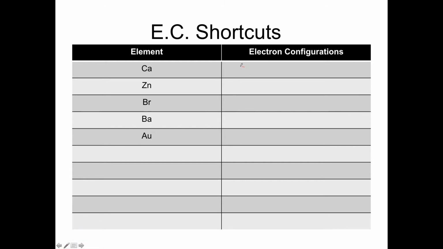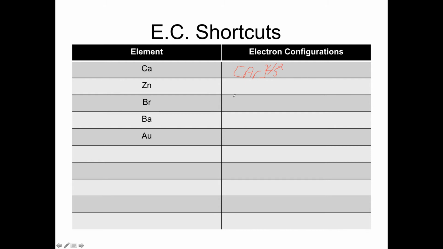So I'm going to put argon in a bracket. And now I'm going to be able to start at my next available section, which is the 4s section. And calcium is the second one in that section, so I'm allowed to just put 4s2.